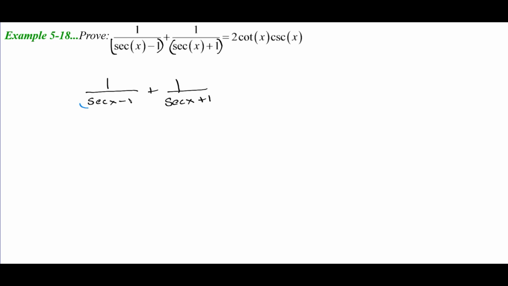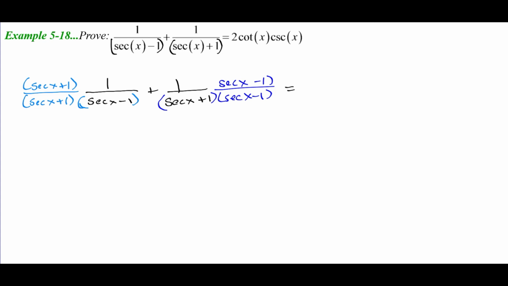And then on this first fraction, I have to have the secant x plus 1, so I'm going to multiply by secant of x plus 1. So if I do that in the denominator, we also have to do that in the numerator. And then I'm going to do similarly over here. I've got the secant x plus 1, but I need the secant x minus 1. So if I multiply it to the denominator, I have to multiply it to the numerator. And then my other side I'm not changing, so I'm just going to leave that.